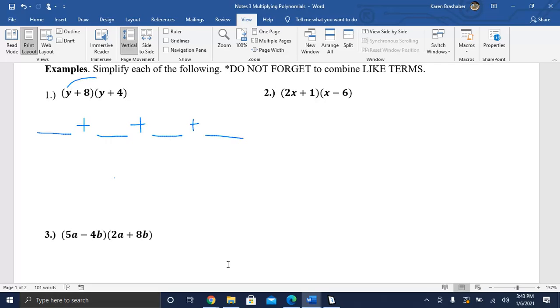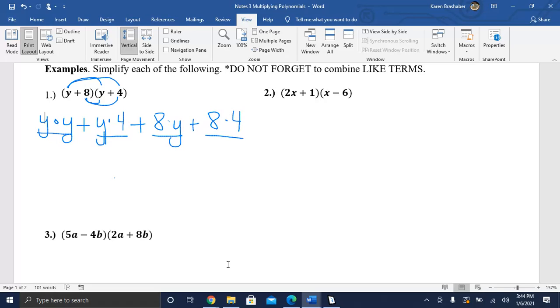So I'll be taking y times y, and I'm going to write that down so you can see it. And then I'll be taking y times 4. And then I'll be taking 8 times y and 8 times 4.